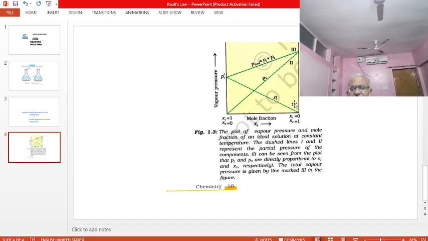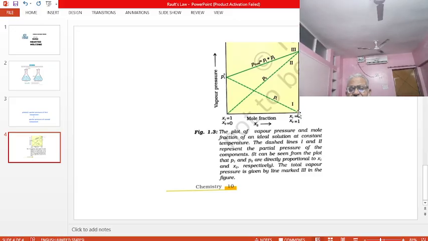Look at the first component first. This graph is for the first component. Here the concentration of component 1 is 0. The concentration is 0, so its equivalent vapor pressure would be 0.